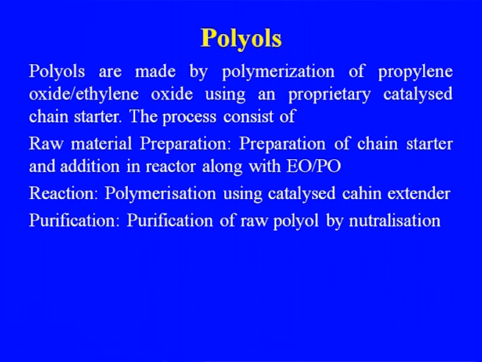So in the raw material preparation section, the chain starter is prepared and added to the reactor along with the ethylene oxide and the PO. Then the retention time, polymerization using catalyzed chain extender, and then the purification involves the purification of the raw polyol by neutralization.